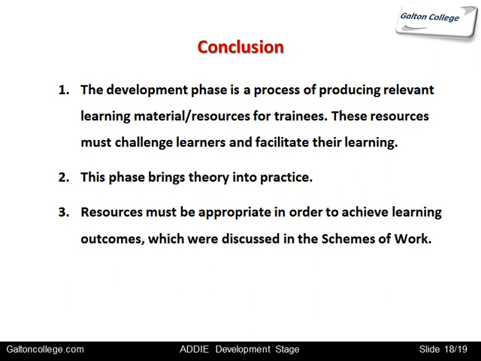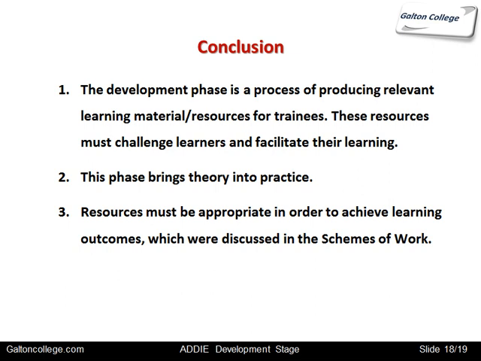So the resources, as I said, must be appropriate in order to achieve learning outcomes, and these learning outcomes are specified in the schemes of work in the course document, which is developed in the previous phase of the ADDIE model, in the design phase.